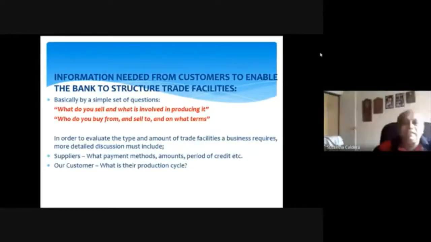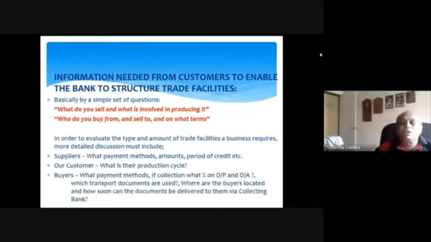Then you have to see to whom you are going to sell it. Once you finish the manufacturing, who are your buyers? What payment method? If collection, what percentage on DP or DA? Which transport documents are used?